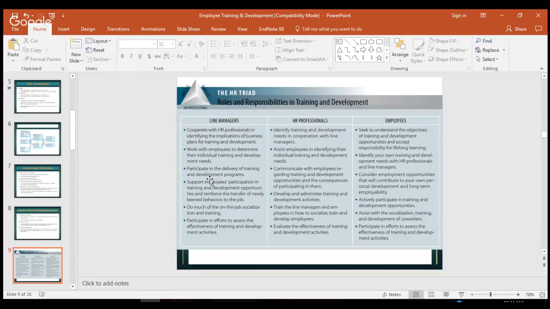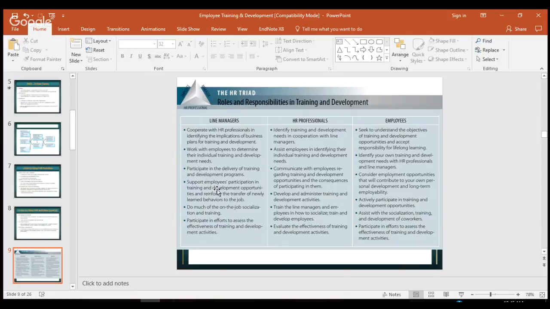Work with employees to determine the individual training and development needs. Employees typically know what they're lacking in and where they want to go in the organization from a career development perspective. So have that ongoing discussion, not only at performance evaluation, but in the planning and the continuous performance management process.